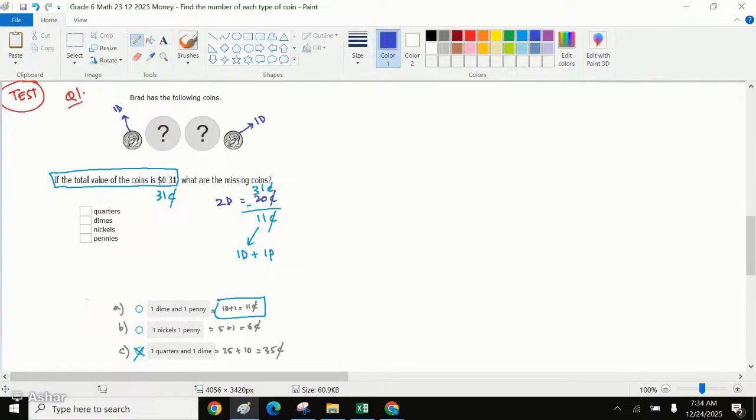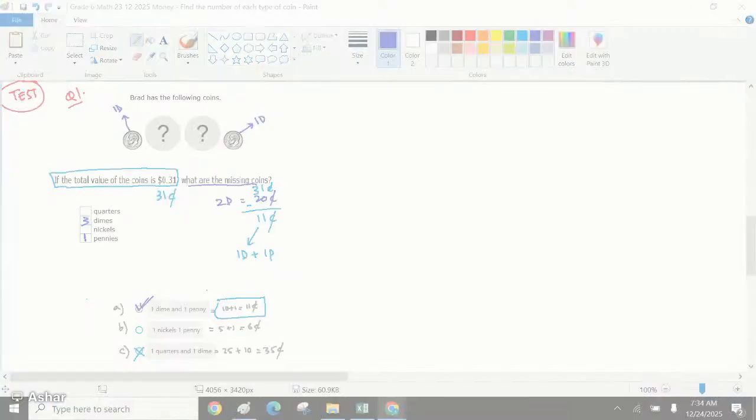That means the total is 3 dimes and 1 penny, and option A is the correct one. What are the missing coins? 1 dime and 1 penny, right? So can we click on the answer? It would show us whether our answer is correct or incorrect. Okay. Let's try the next one.